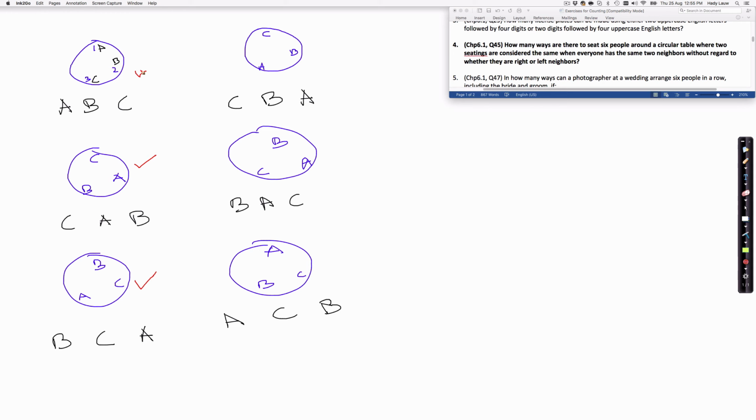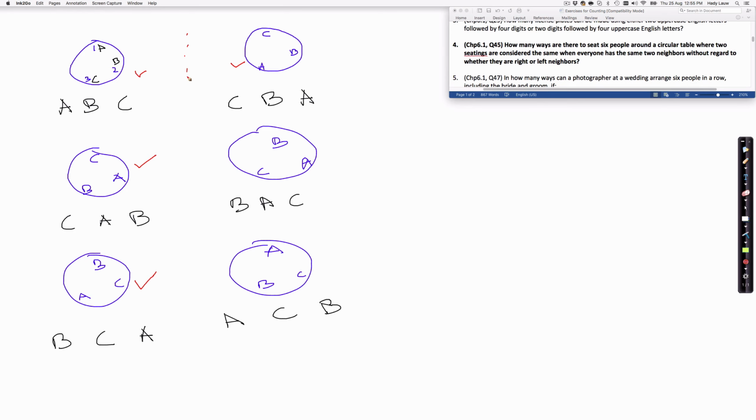Now let's consider this one and this one. Here, CAB is going clockwise. In this case, we have CAB going anti-clockwise. But all the 2 neighbors are still the same. If you consider that C has A on the left side and B on the right side, in this case C has A on the right side and B on the left side. So they are essentially mirror images in terms of clockwise and anti-clockwise.